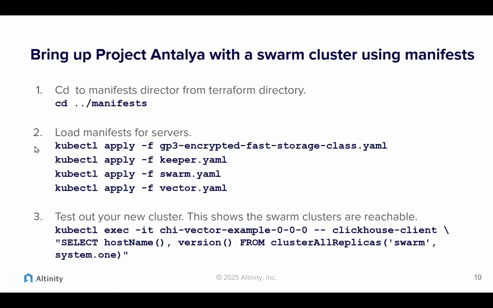Once this has come up, you'll test it out. This is just a command that allows you to log in and make sure that all the nodes are up and can see each other. So setting this up for anybody who has basic Kubernetes knowledge is quick and easy to do.